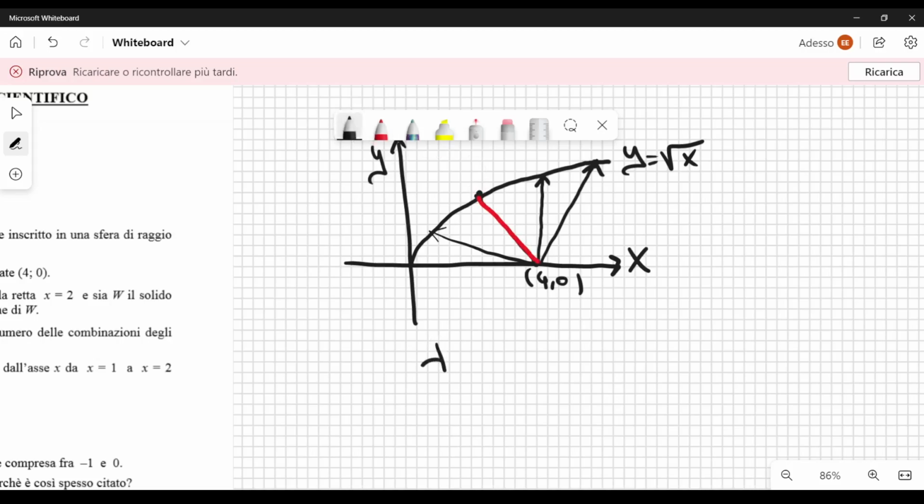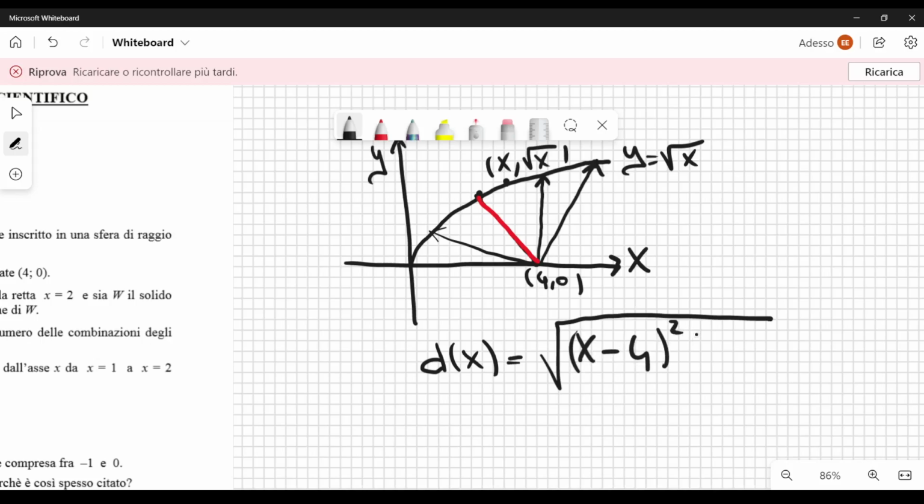We will call the function d of x, the distance, which is a function of x. If we call the generic point (x, y), and y is equal to the square root of x on the curve, the distance will simply be equal to the square root of (x minus 4) squared plus the square root of x, squared.